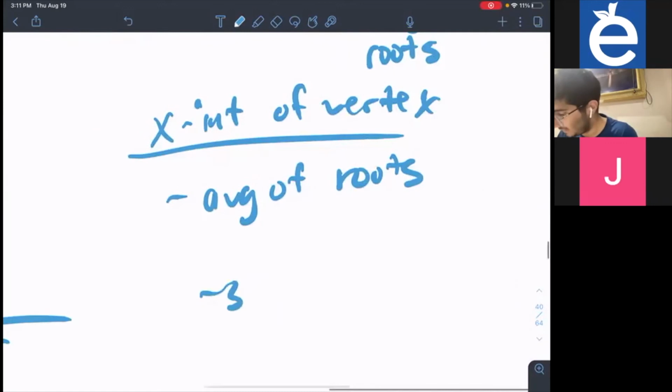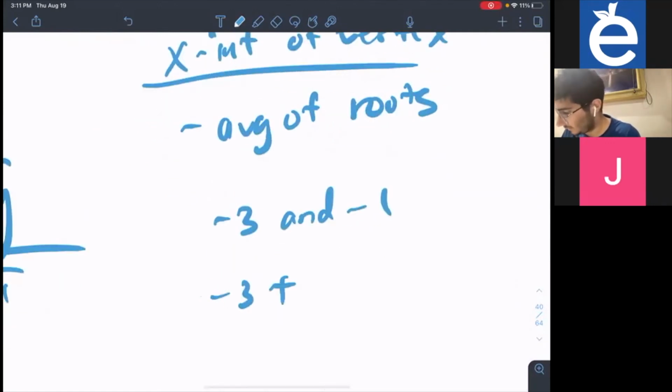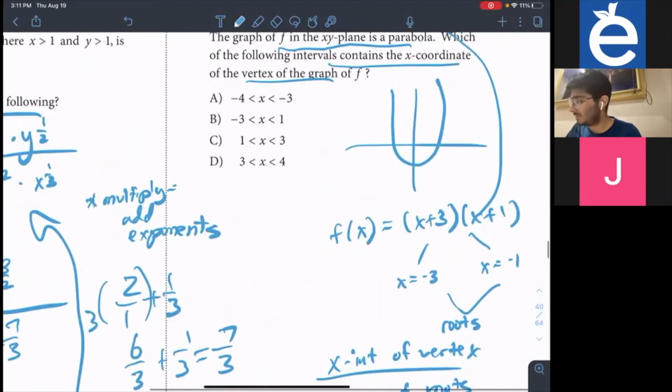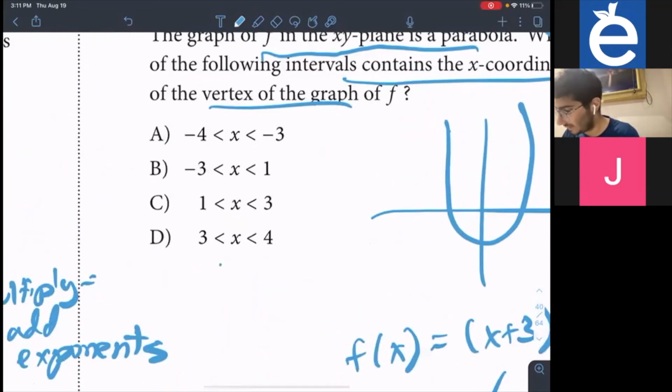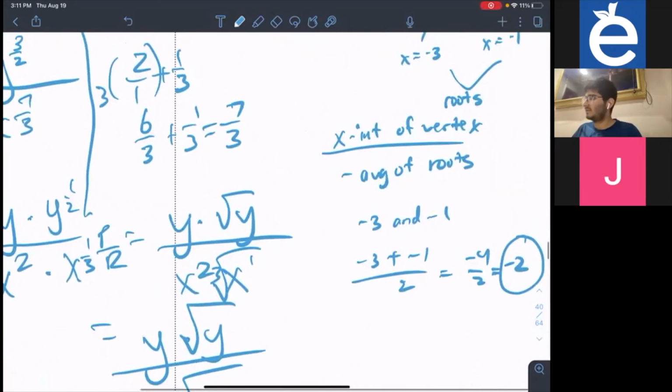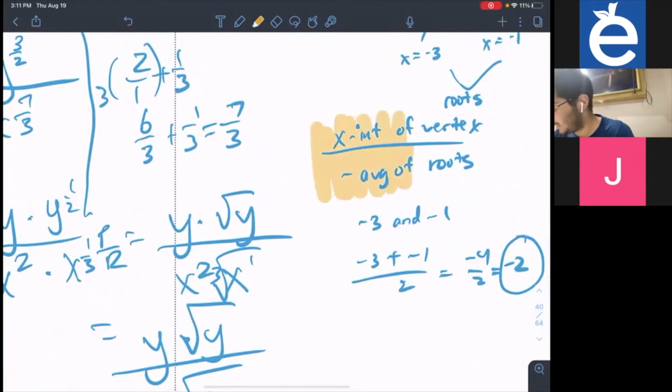So -3 plus -1 over 2 is -4 over 2, which is -2. So the answer has to be an interval containing -2. -2 is not in between this, it's not in between this, it's in between this, but not in between this. Our answer is choice B. So that is a trick or a technique you can use.